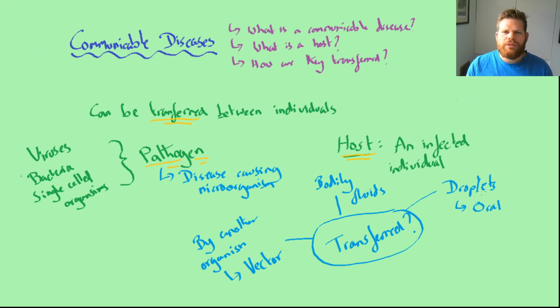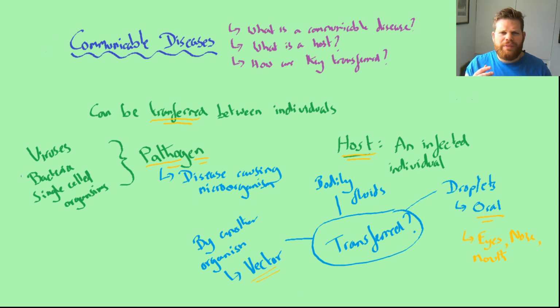Then we've got some key ways in which communicable diseases can be transferred. We've got droplets, through the oral passages into the body: eyes, nose and mouth. And then we've got transfer by another organism, which is our vector.